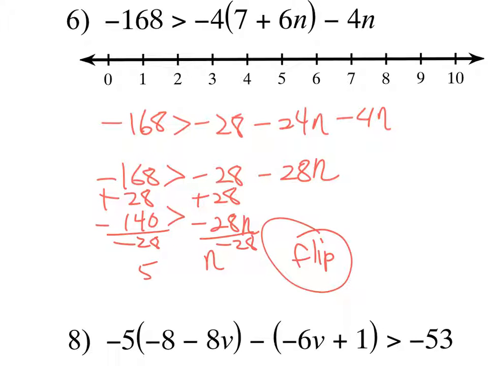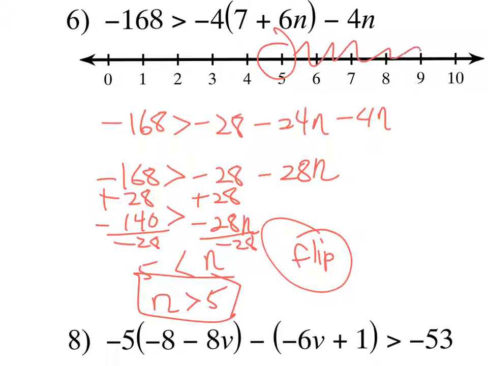And so we're going to flip it back this way, which can be read right to left as n is greater than 5. So writing it as n is greater than 5. Here's 5, and we're greater than 5.